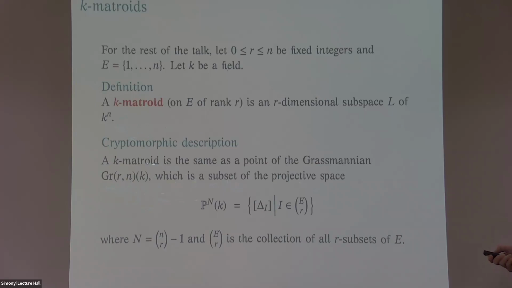So the Grassmannian Gr(r,n)(k), we consider as a subset of the projective space P^N(k), where capital N is n choose r minus 1, given by taking Plücker coordinates.